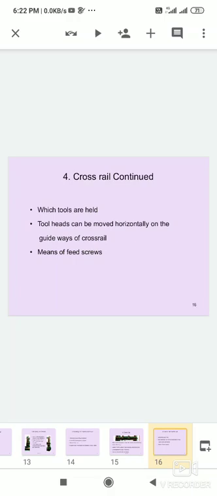It carries two saddles with tool heads, two tool heads in which tools are held. Tool heads may be moved horizontally on the guideways of the cross rail by means of a feed screw, because the tool heads are moved to the requirement of the workpiece sizes for producing a planing operation.